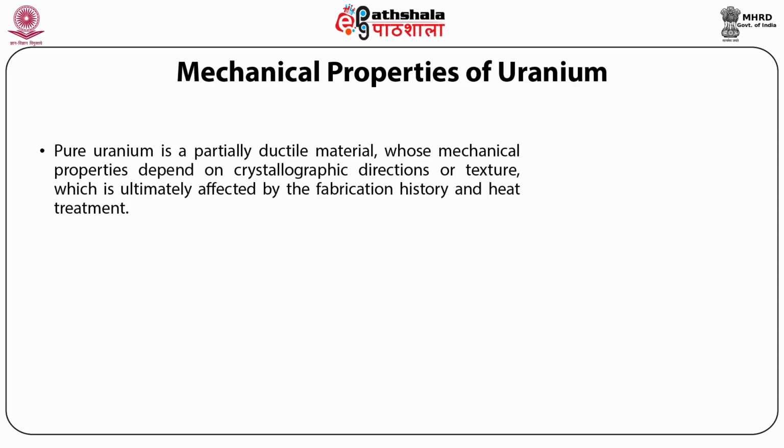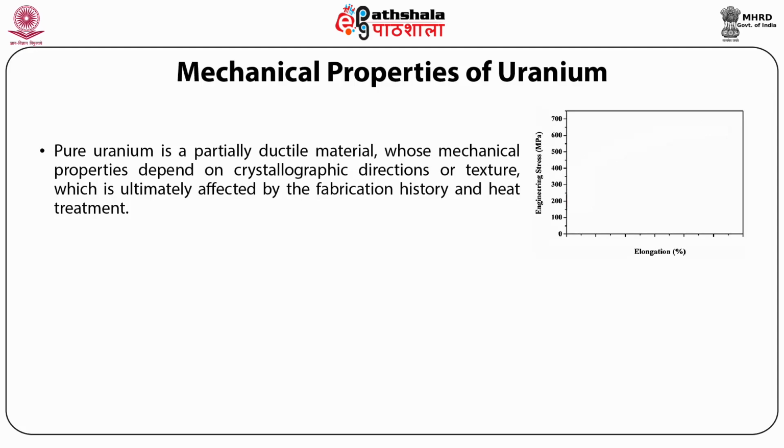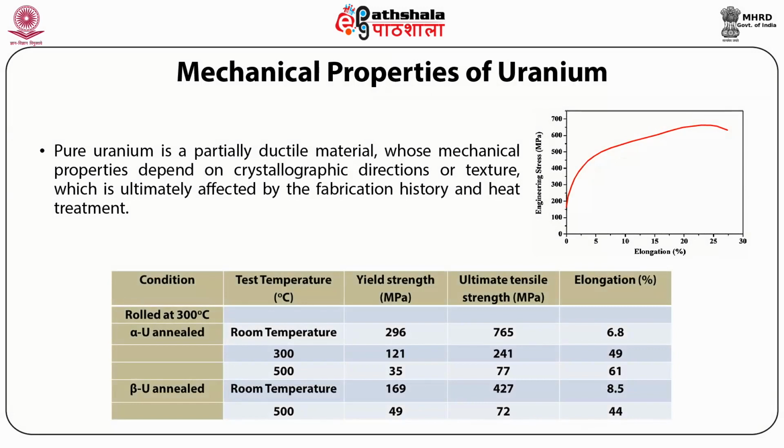The tensile strength and modulus are sensitive to impurity atoms such as carbon, fission products, and alloying elements. The figure shows a typical stress strain curve of uranium, and the below table shows the tensile strength decreases precipitously with temperature.